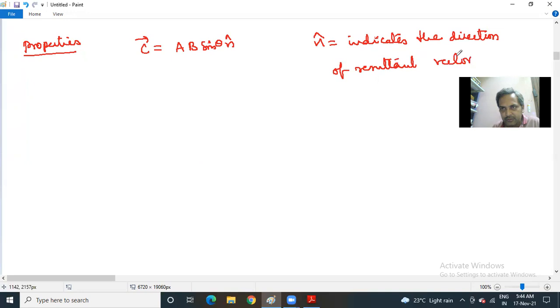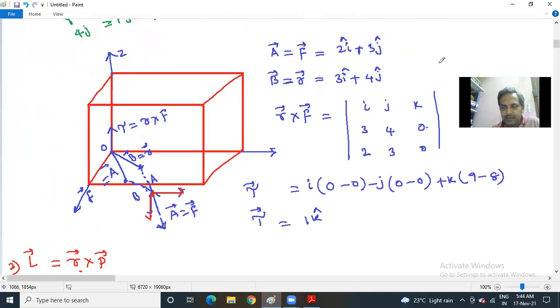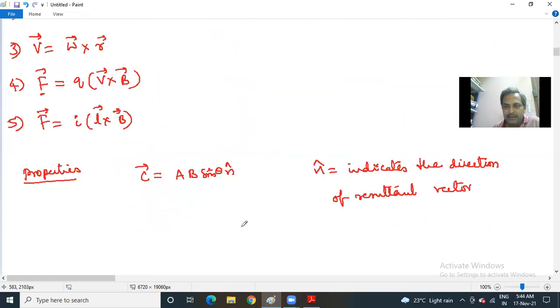Here, suppose you take F to act in the negative plane, if you take this as minus, you have to write minus. Therefore you may get the answer with a minus sign. In such cases, the torque will be downwards. Now, the answer you got, torque will be upwards. If you change a force component, let us say the y component of force, you may get this as negative. In such cases, torque can be negative. So n indicates the direction of the resultant.